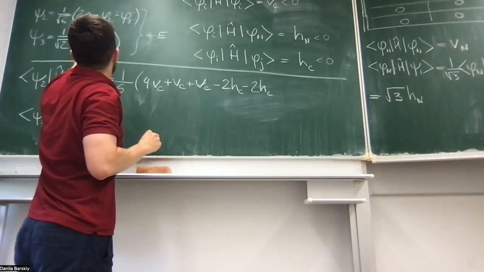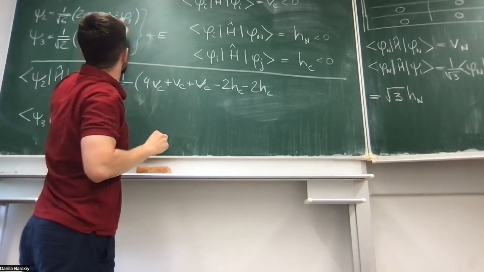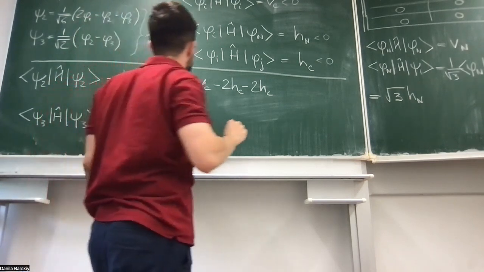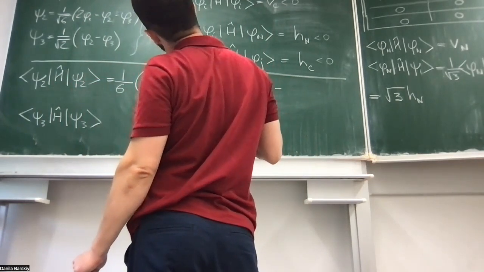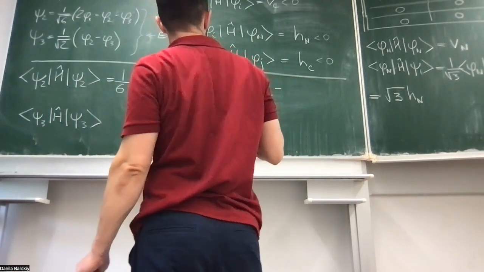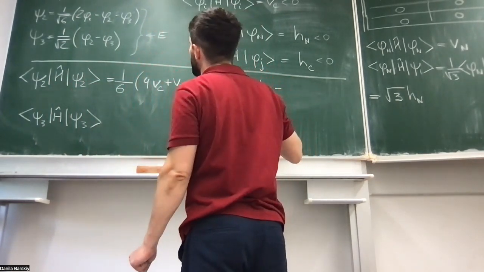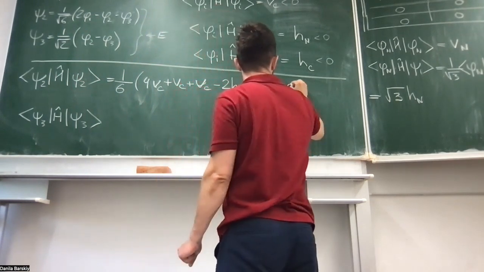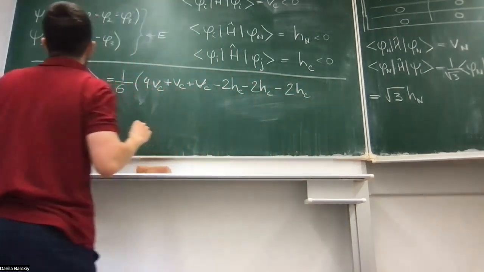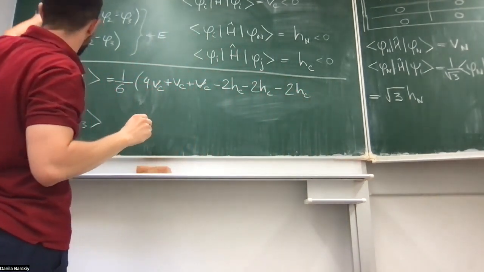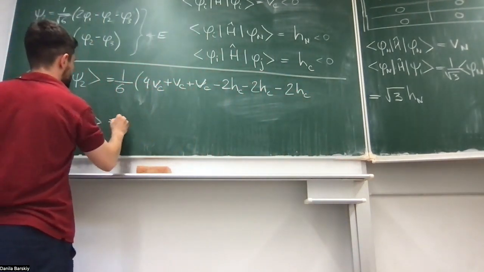And then 2 goes with 1, 3. So we should be, well, we took it minus 2, minus 2. Yeah, should be just 2HC. Let's just double check this.